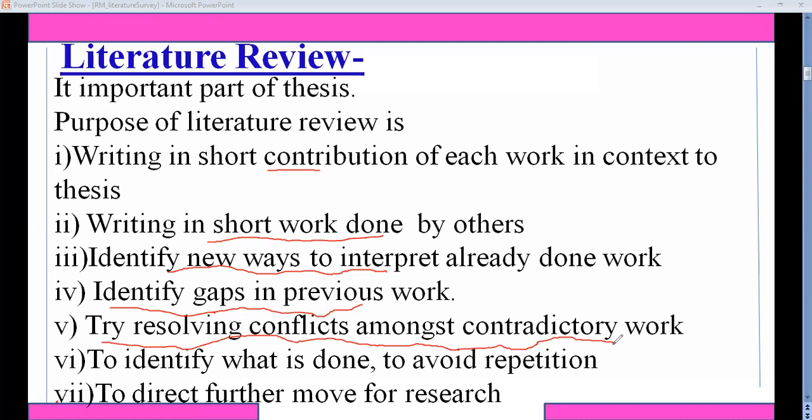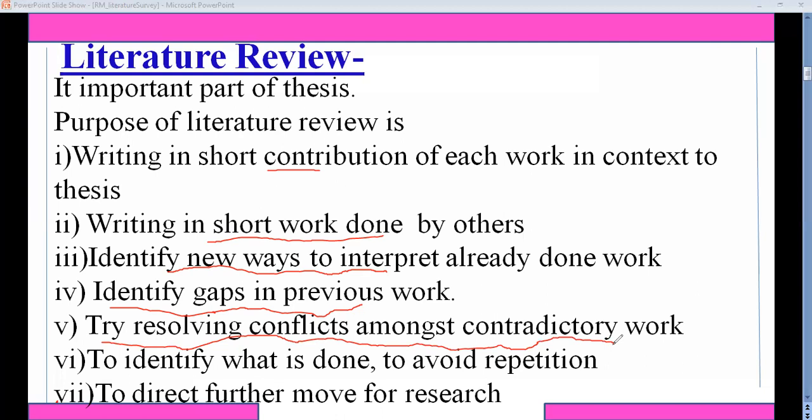So we have to resolve, we have to understand why they have done like this. Whether it is correct, whether it is wrong, if it is wrong to what extent, that conflict you have to understand and mention in the literature.